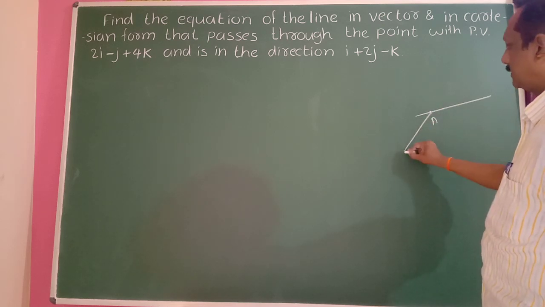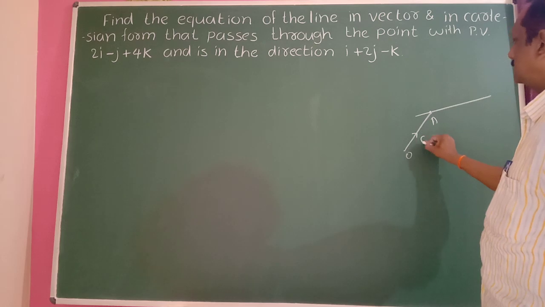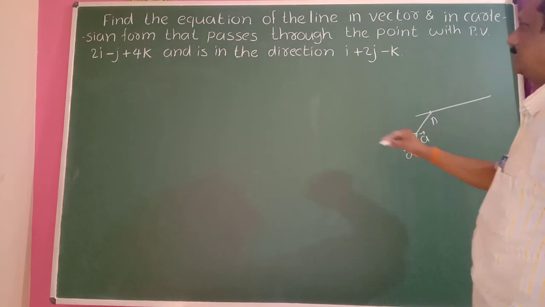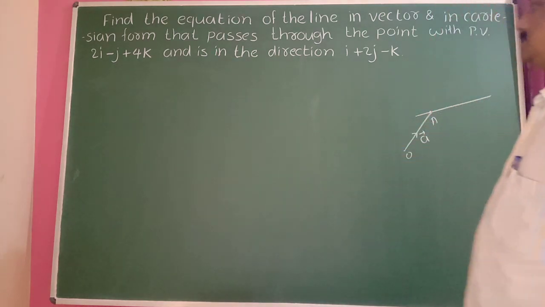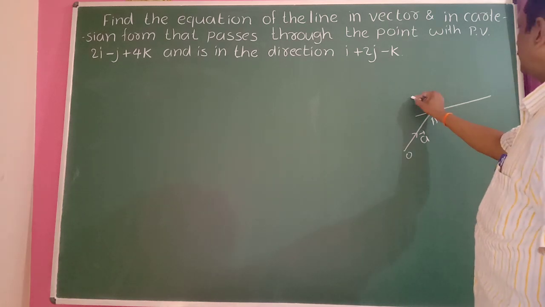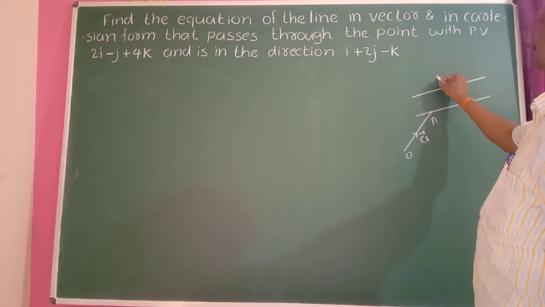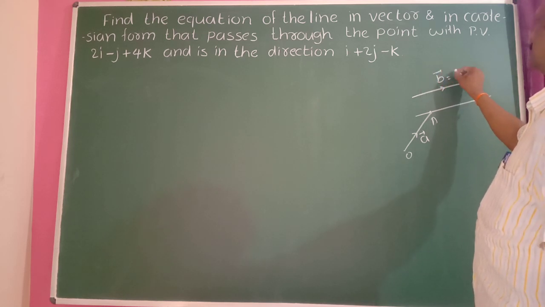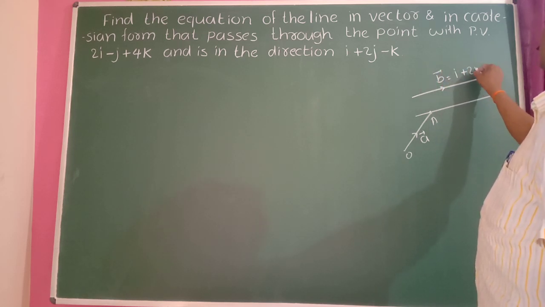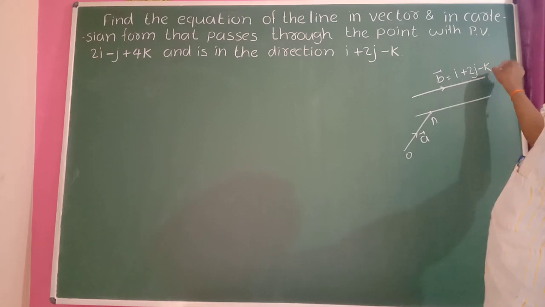The position vector a bar they given here is 2i minus j plus 4k, and in the direction of b bar, i plus 2j minus k.